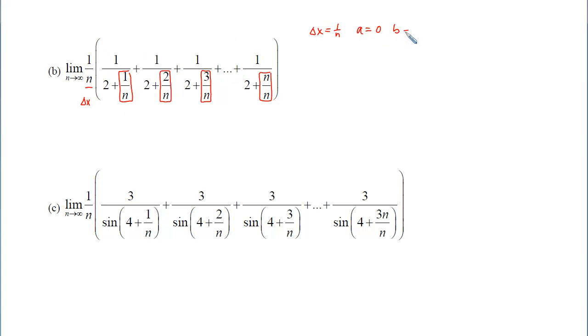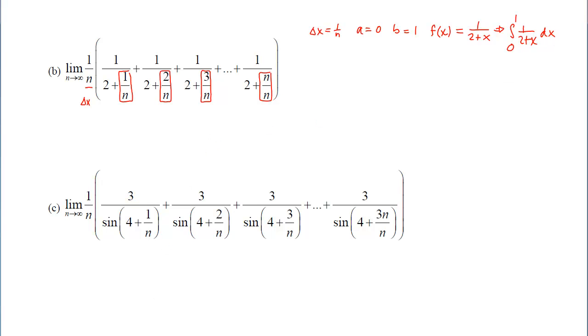My b will be what's in the final box, which is 1. My function will be this entire first term with the input replaced with an x. So that would give me a 1/2 plus an x. Therefore, the integral will be the accumulation from 0 to 1 of 1/2 plus x with respect to x.